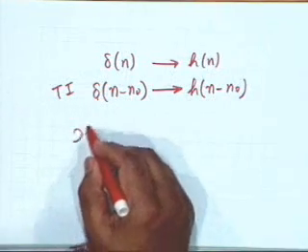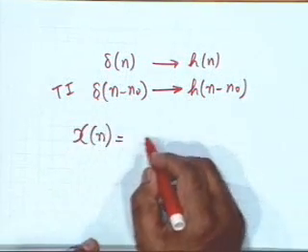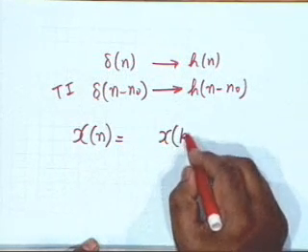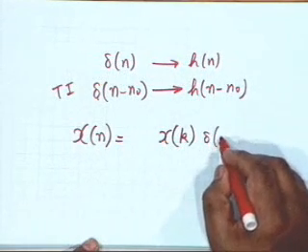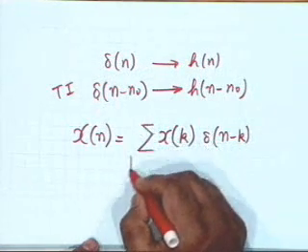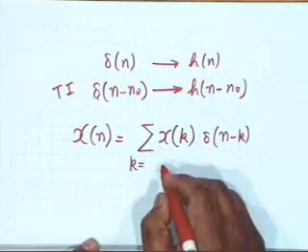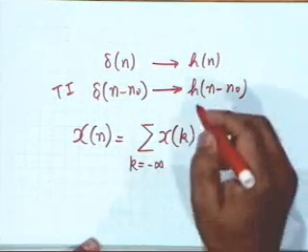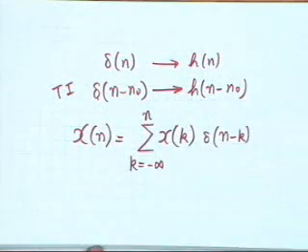And a general signal x of n can always be written as the summation of x of k delta n minus k, with k equals minus infinity to n. All right? Any general signal can be written in this form.